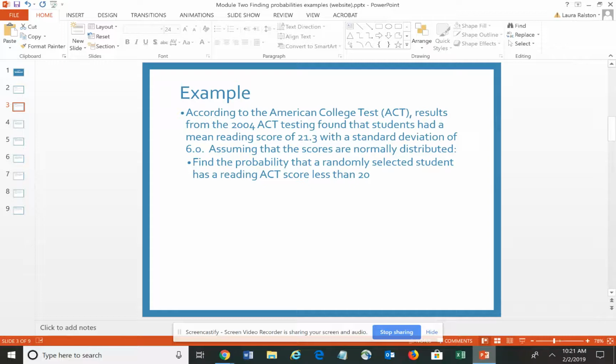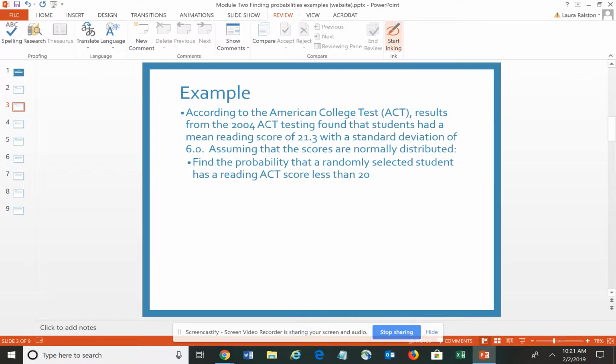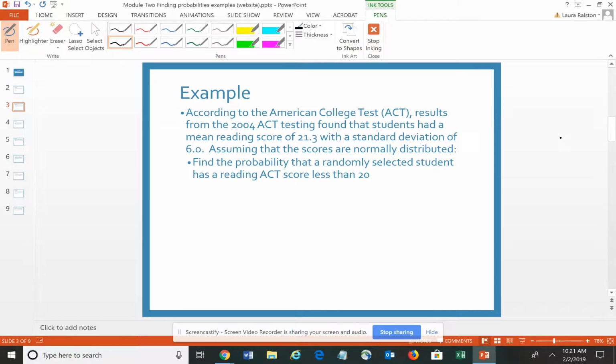The first example says, according to the American College Test, results of the 2004 ACT testing found that students had a mean reading score of 21.3 with a standard deviation of 6. Assume that the scores are normally distributed. First of all, as you begin reading through these problems, there's really three things you have to know as you think about how to go about working the problem.